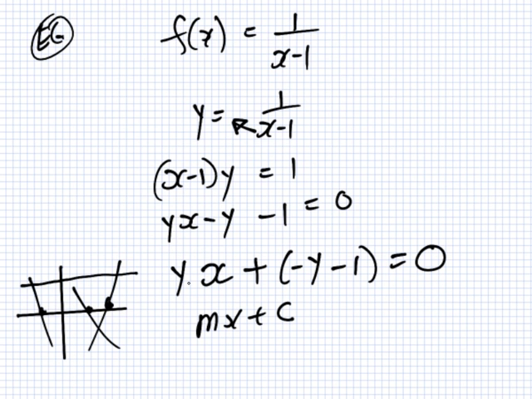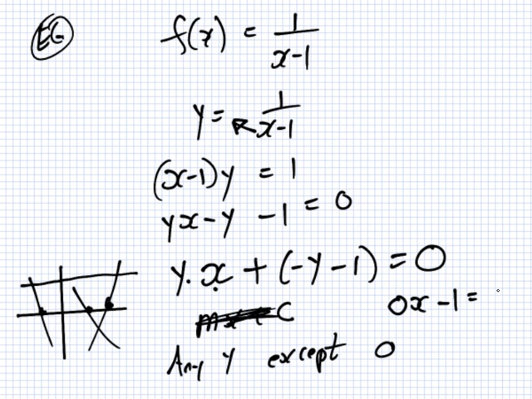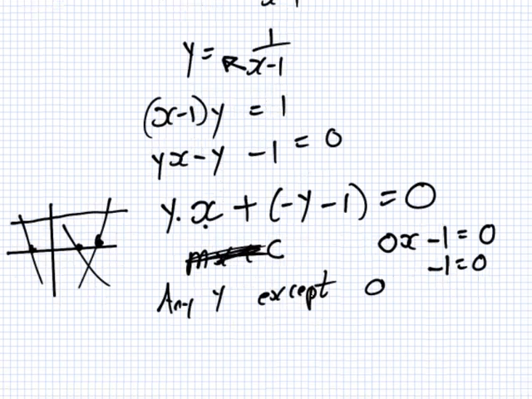In other words, if y is 0, there is no x anymore. So how could I solve for x? The idea here is it's any y except 0. If y was 0, then you would have 0x minus 1 equals 0, so minus 1 equals 0. It doesn't make sense. So the answer here is all real numbers except 0.